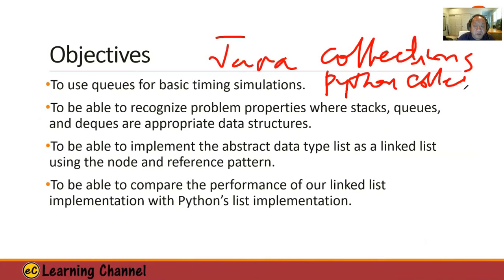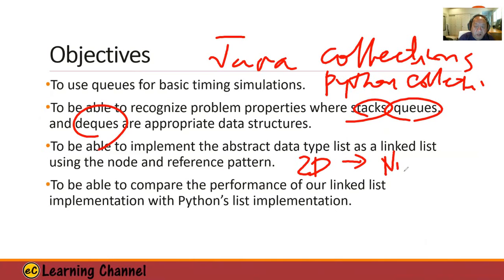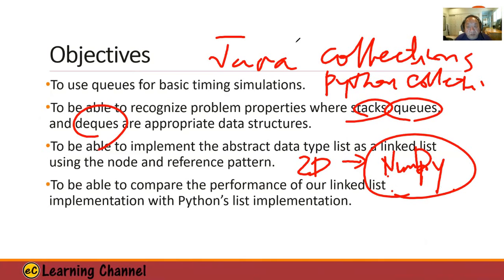They all have these different data structures already. And for 2D arrays in Python, you can use NumPy. And for multiple dimension arrays, you can always use NumPy. They are already implemented.